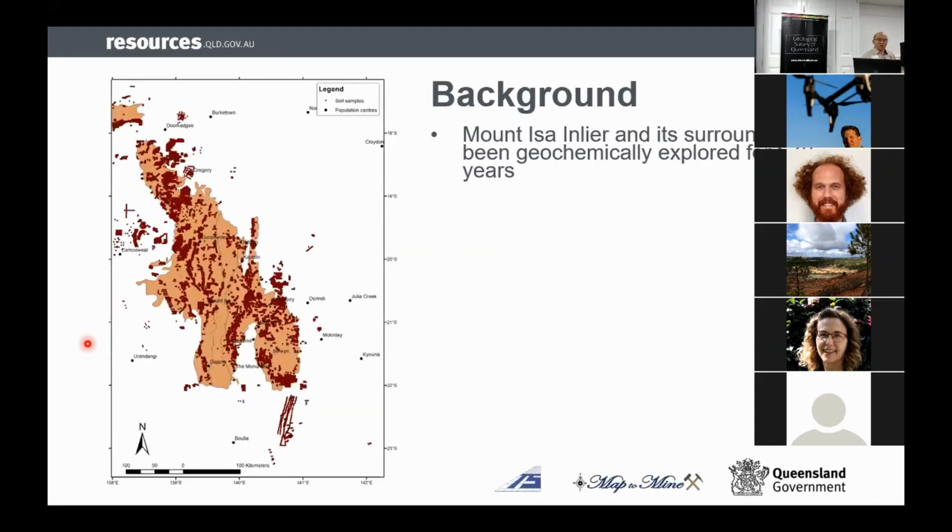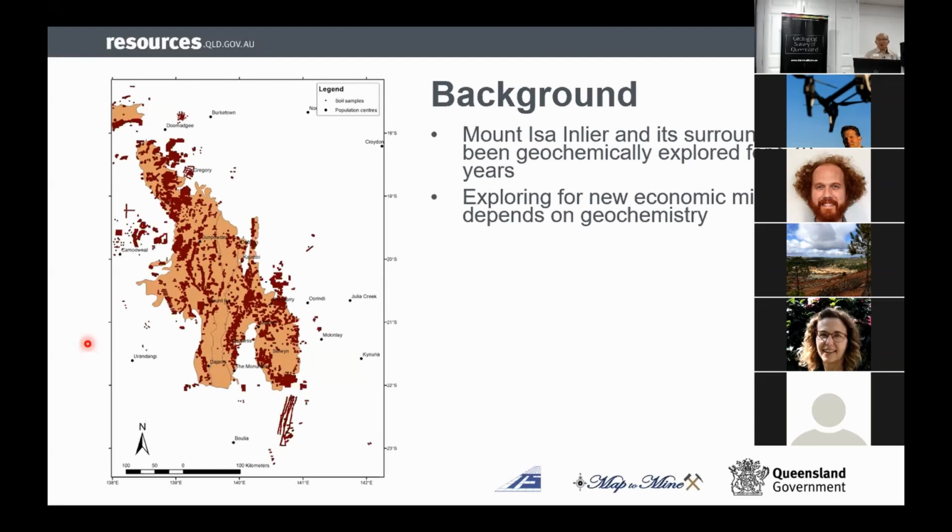This is just background: Mount Isa has been explored for a long time. When you come to the new economic minerals, it's different from the previous exploration, because previously copper, lead, zinc, gold, and silver made up about 85% of the data collected, and very little effort was put into looking for the strategic or new economic minerals.